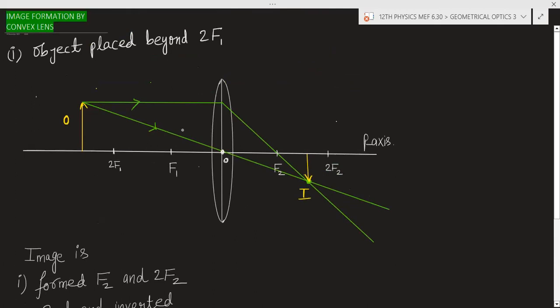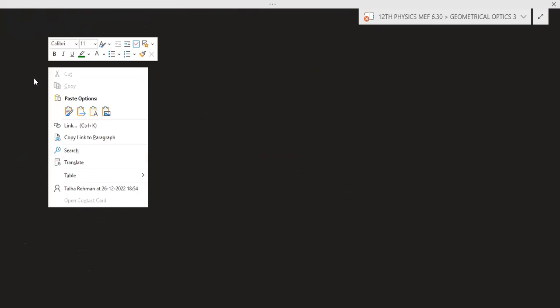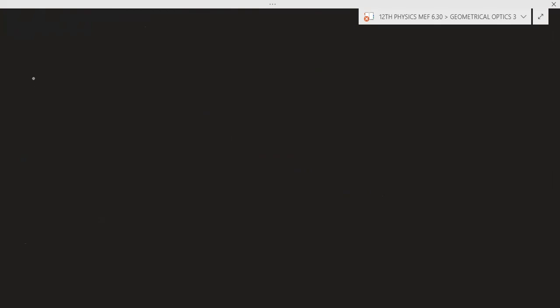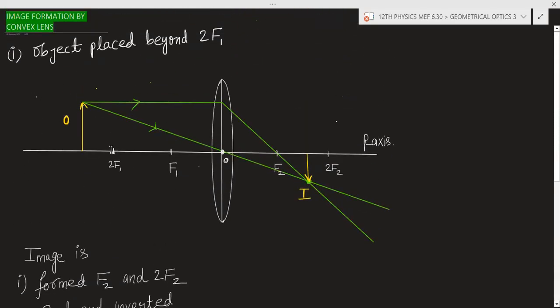So in this way you will draw the ray diagram. So another case number 2. In case number 2, we will place the object at 2F1. Earlier the object is here. Now we will place this object here, and then we will see where the image will form.